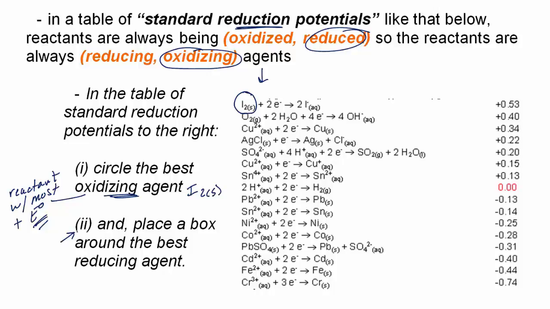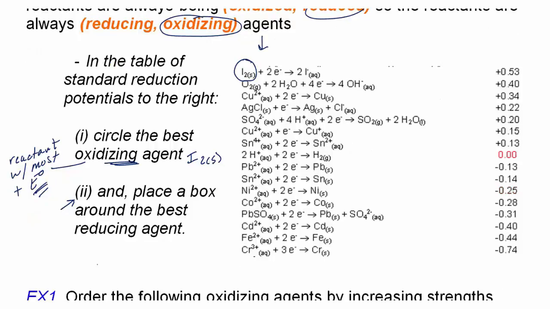Next, place a box around the best reducing agent. Reducing agents get oxidized, right? So we need to pick, and remember, only the products here get oxidized, Pb to Pb plus 2. So we have to pick a product with the most positive E0.